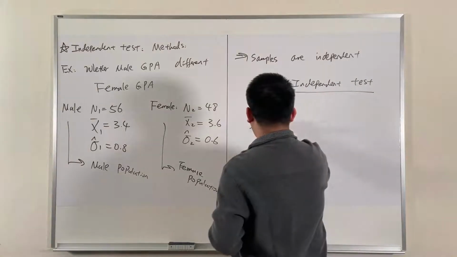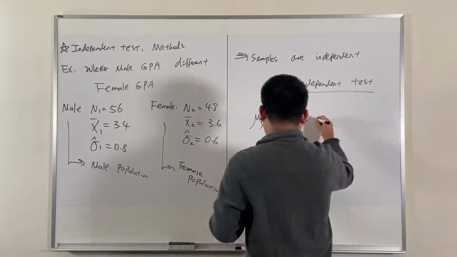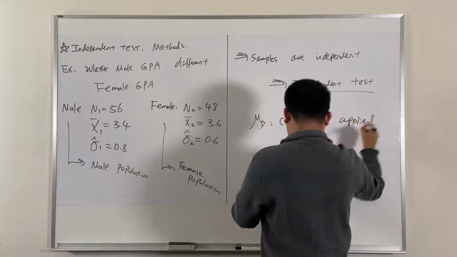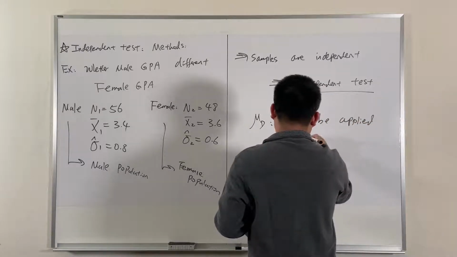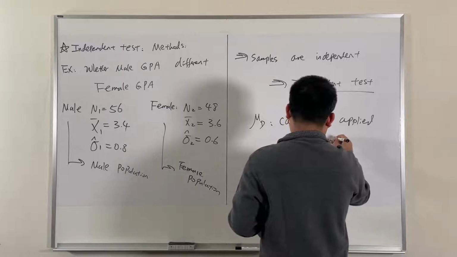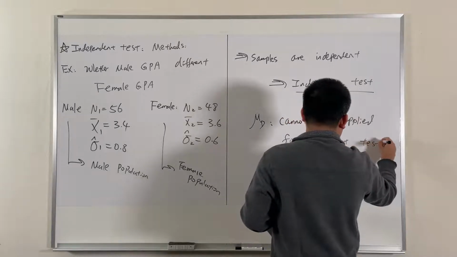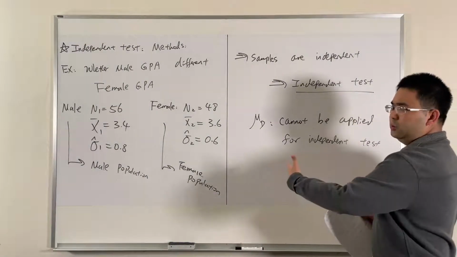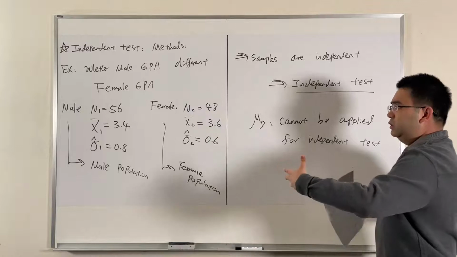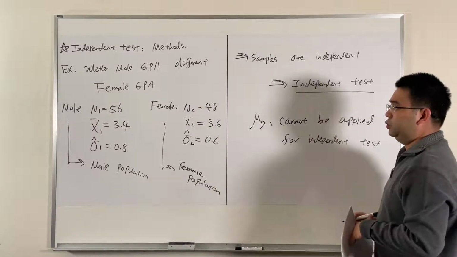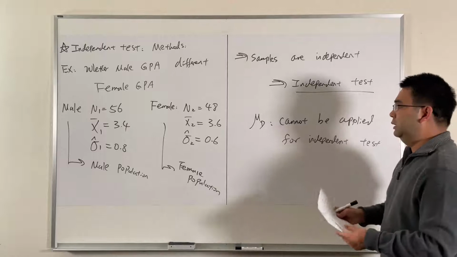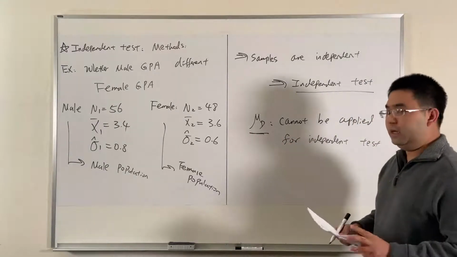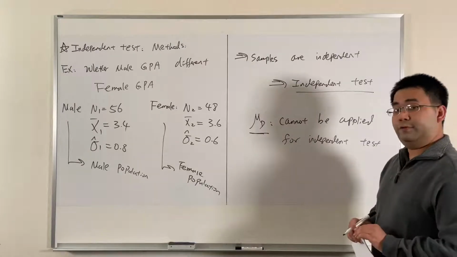But in this case, the mu d concept cannot be applied for independent tests, because these two samples are independent of each other, right? There's no before and after, so you cannot really take a difference between them using this concept. Instead, we'll be using a different formula.